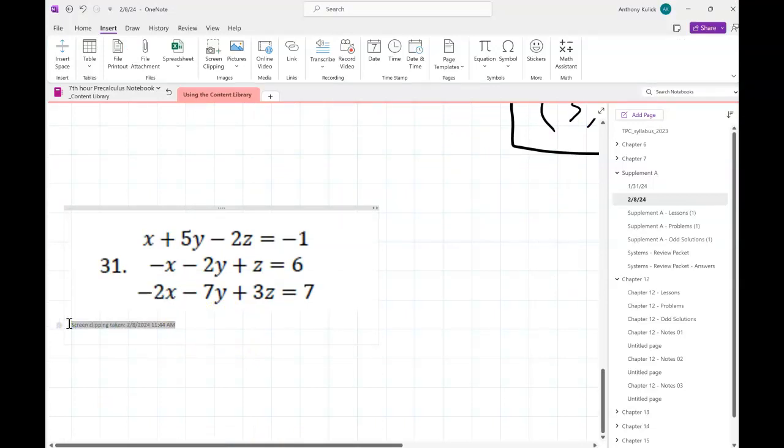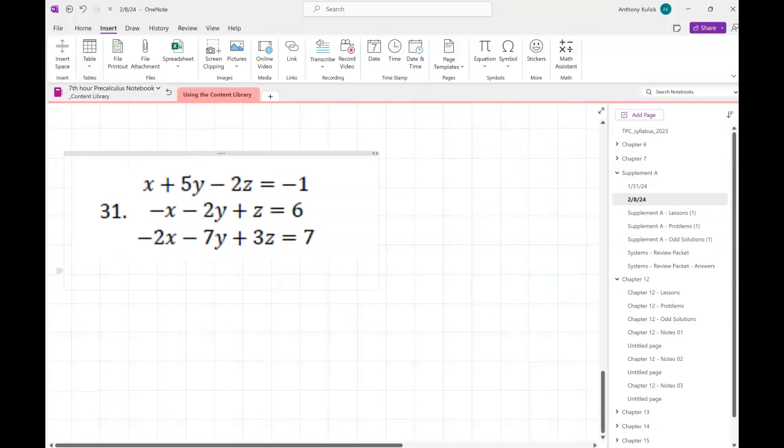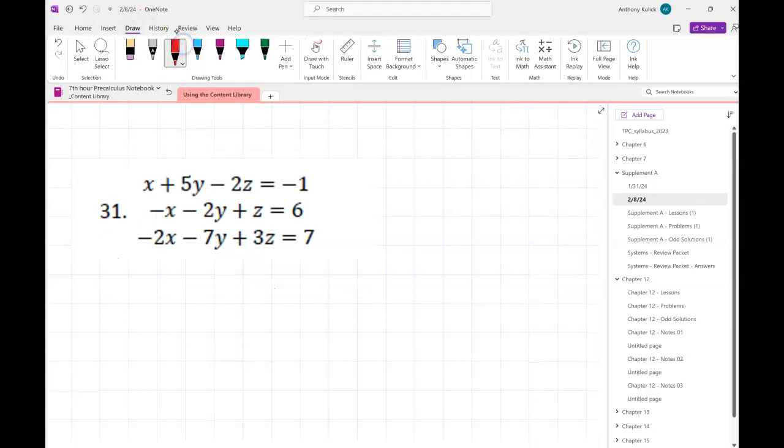So let's look at this one. Let's say we choose to eliminate the x's first.